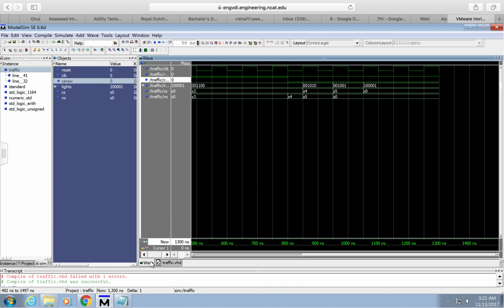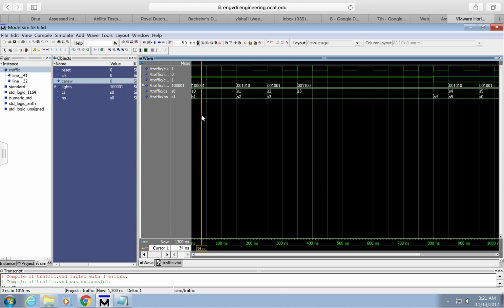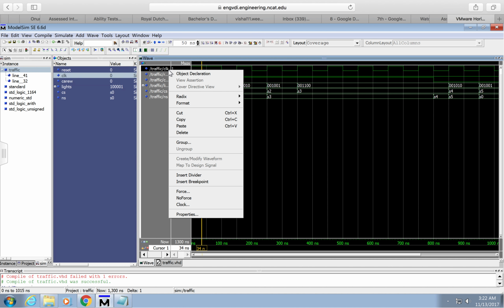Let's go back to my waveform. After compiling my code, I press simulate, then I went to layout and used coverage to have it the way I wanted. To force the inputs, I double click.